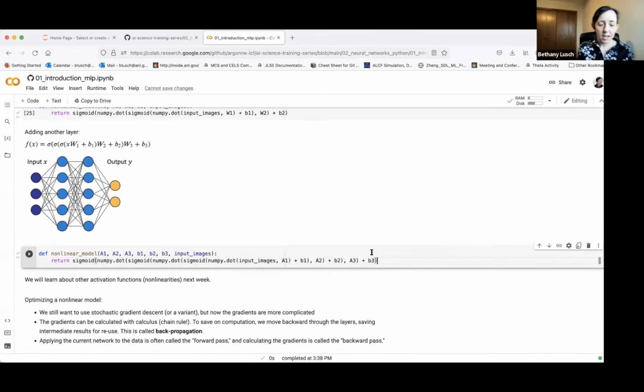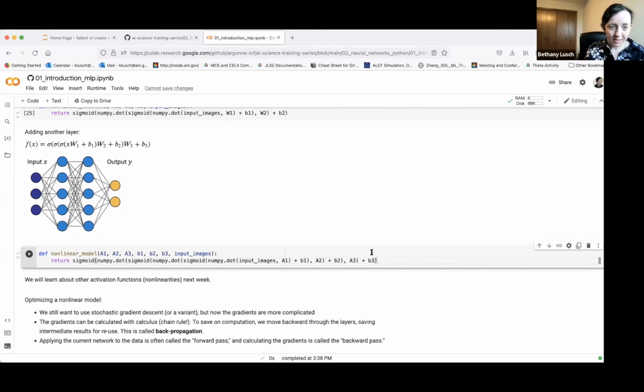So to optimize this more complicated model than just linear regression, we still want to do some stochastic gradient descent or a variant of that, but now the gradients are more complicated. Last week it was easier to see what the gradients were to do linear regression with mean squared error.